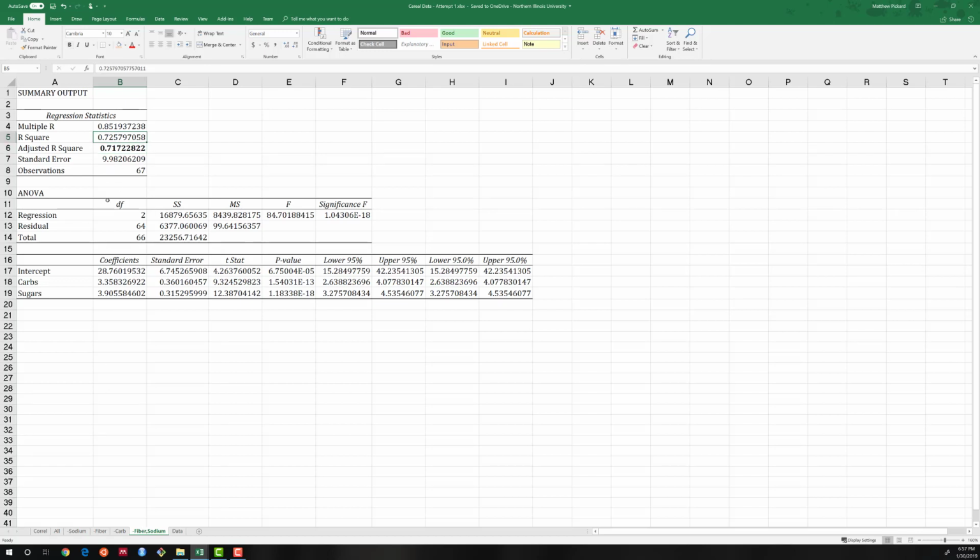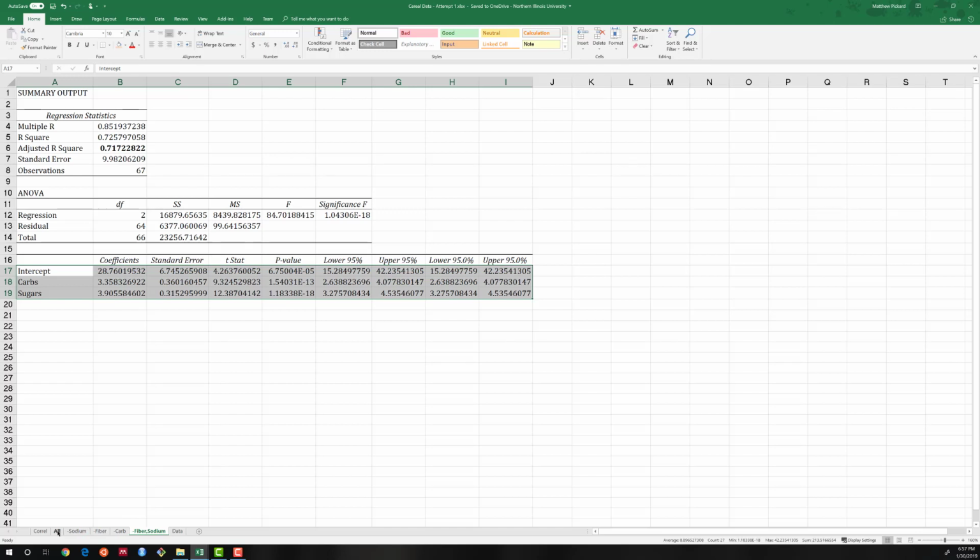We're still explaining 72.5% of the variance in calories. So in this case, we could make two fairly good arguments. One in favor of this model right here, because why worry about calculating fiber and sodium when we can just plug in carbs and sugars to estimate our calories, or to figure out what the calories are attributed to.